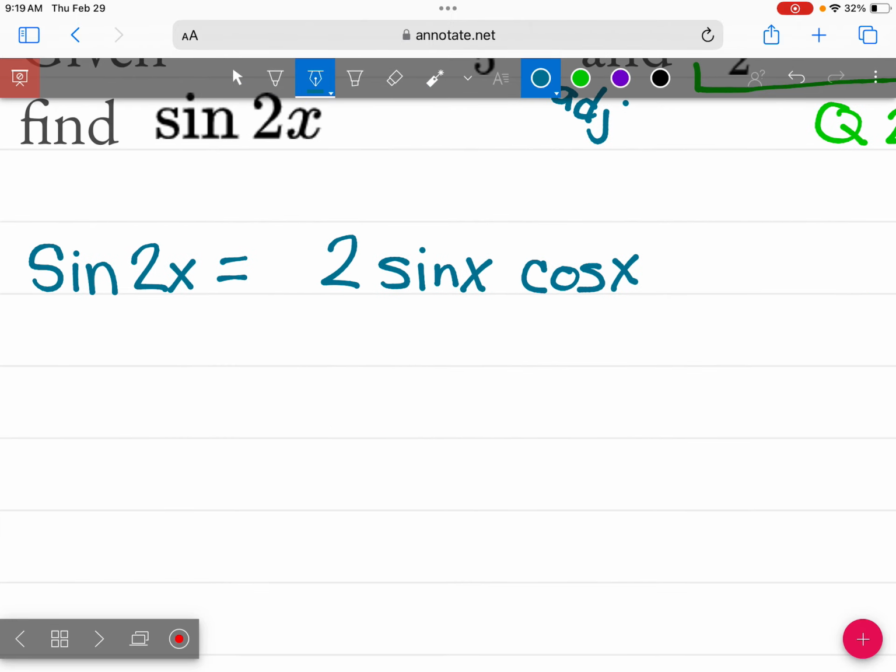So we're going to fill in the values. It's going to be 2. What is sine of this angle? 12 over 13. What is cosine of this angle? Negative 5 over 13.